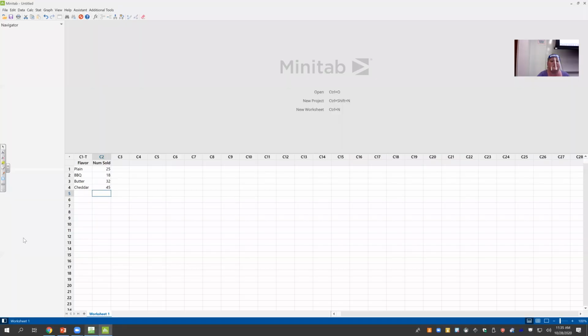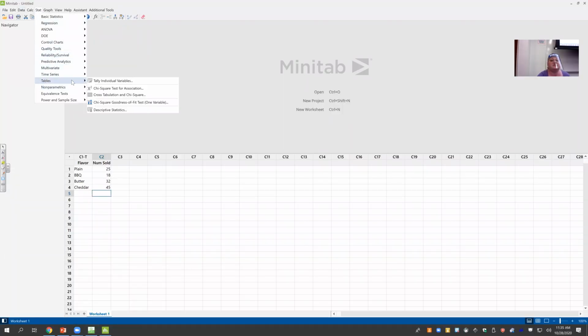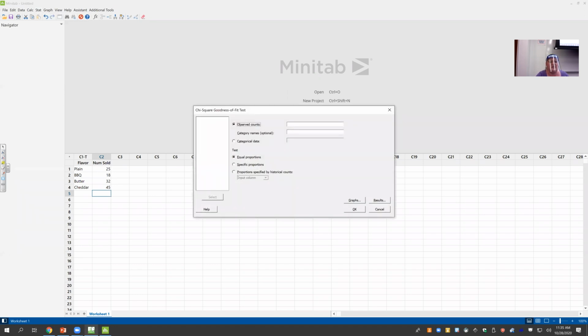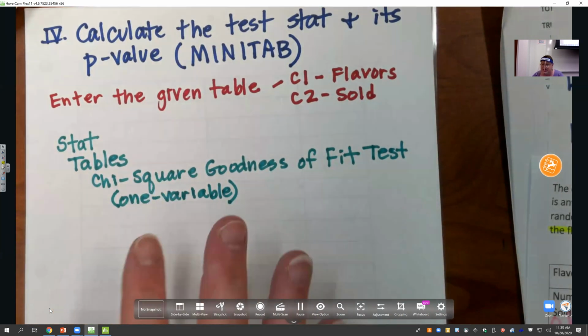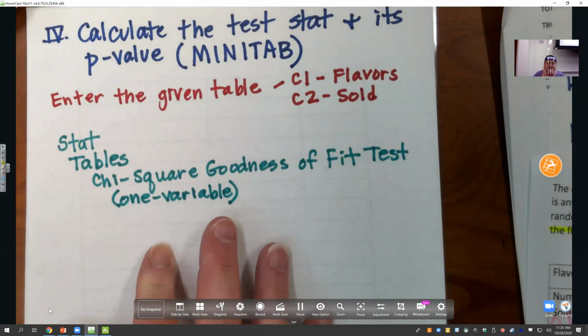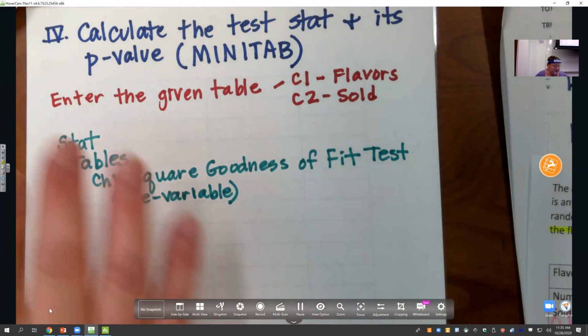Let me confirm that for you. Stat, tables, chi-square goodness of fit test, one variable. Okay, so we go Stat, tables, chi-square goodness of fit.